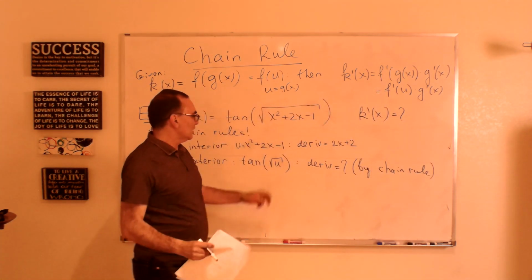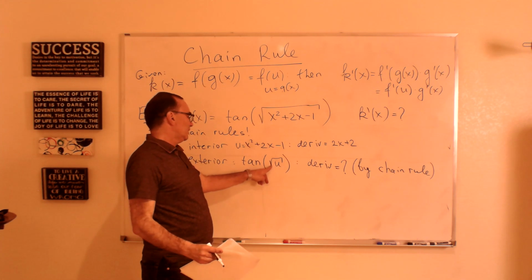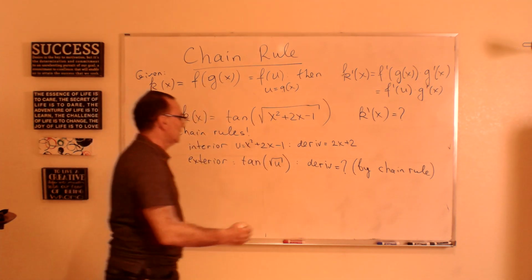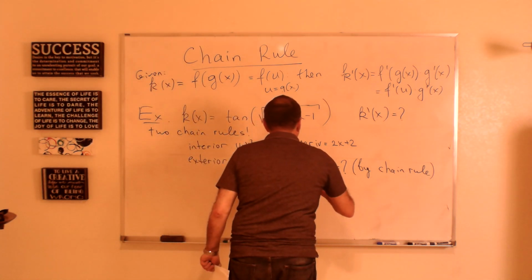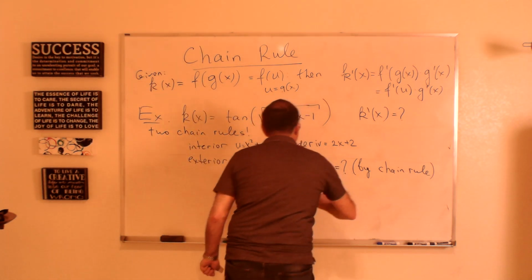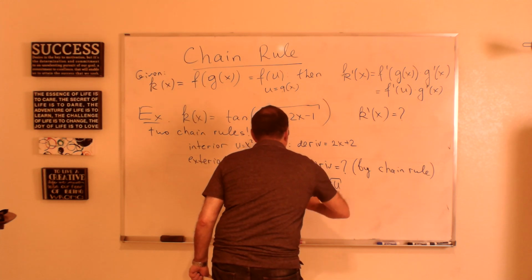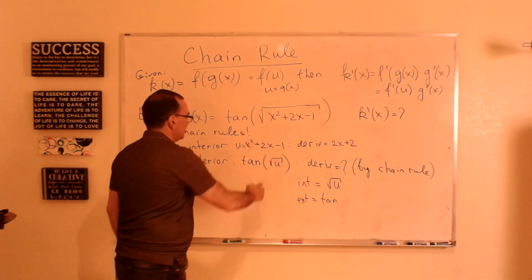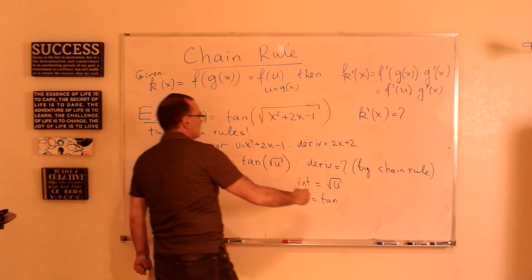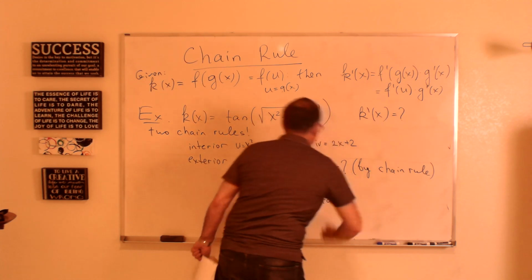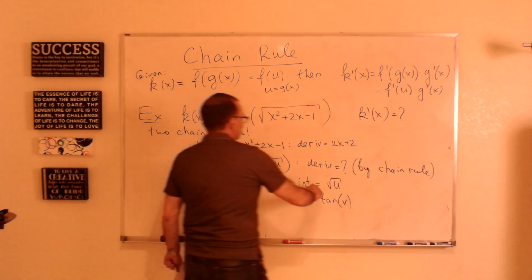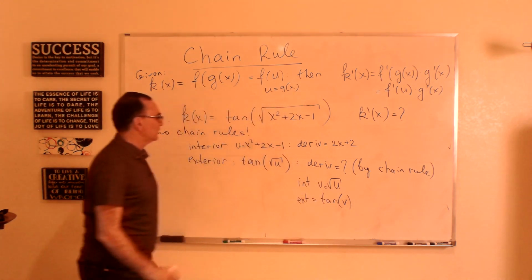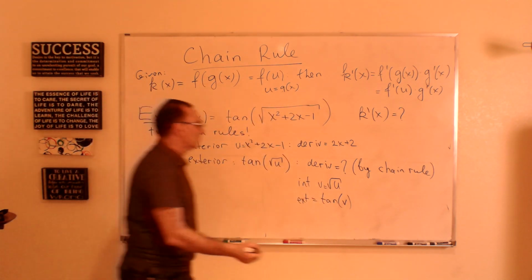In this second chain rule, the interior part is square root of u, and the exterior part is tangent. I need to use some letter here, so I cannot use u again, so I will say tangent of v. Therefore, the interior is square root of u, which is the same as v. V is square root of u, and the exterior is tangent of v.